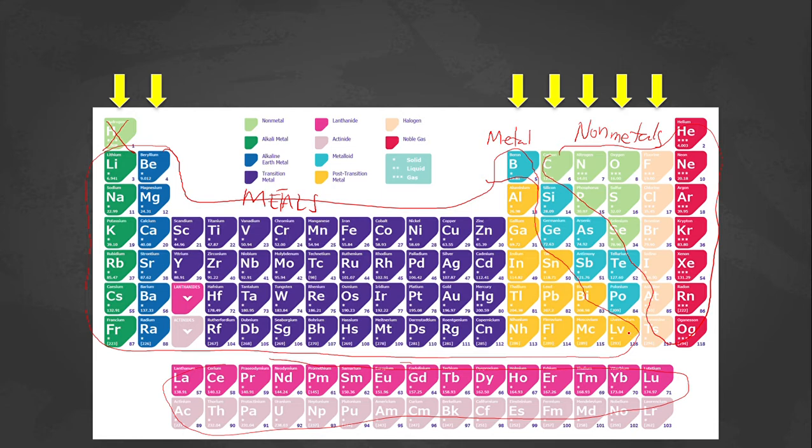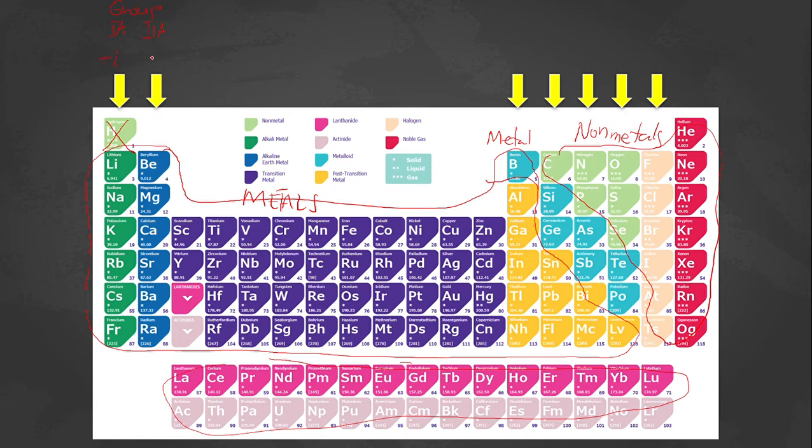I-memorize ninyo yung mga elements by group. So, ito kasi yung mga metals na mayroong fixed oxidation number. Itong grupo na nasa group 1A, tsaka sa group 2A, may mga fixed oxidation numbers ang mga yan. Lahat sila, maliban sa hydrogen, it's positive 1.